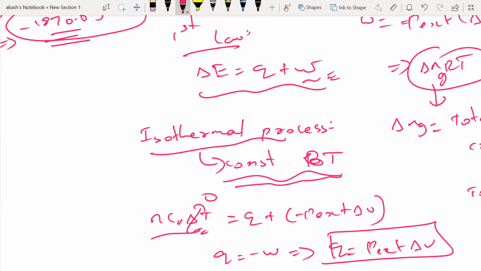Definitely delta E is going to be 0. So we can write Q is equal to minus W, or Q is equal to plus P external del V. That happens for an isothermal process.